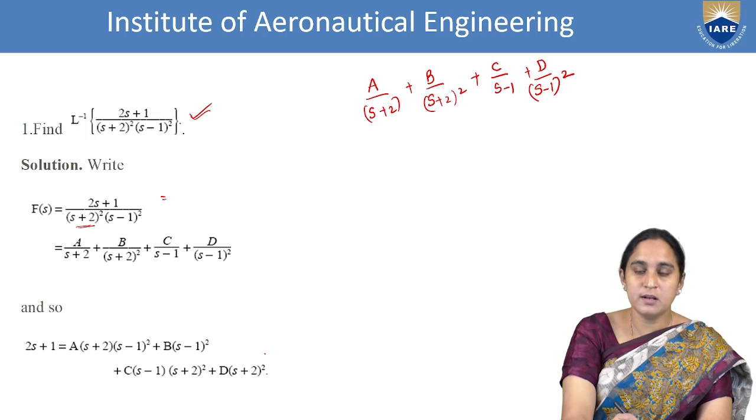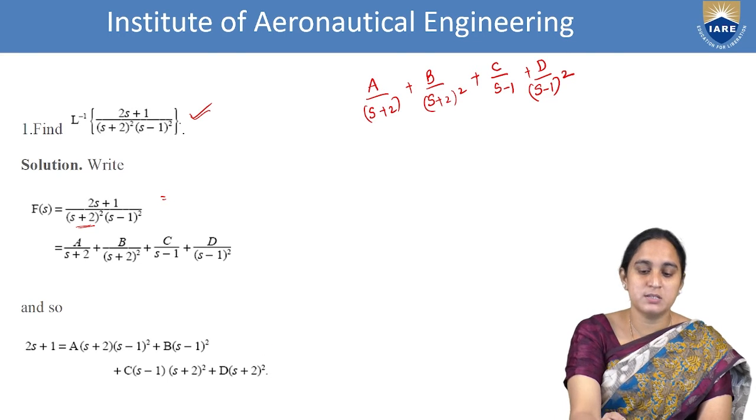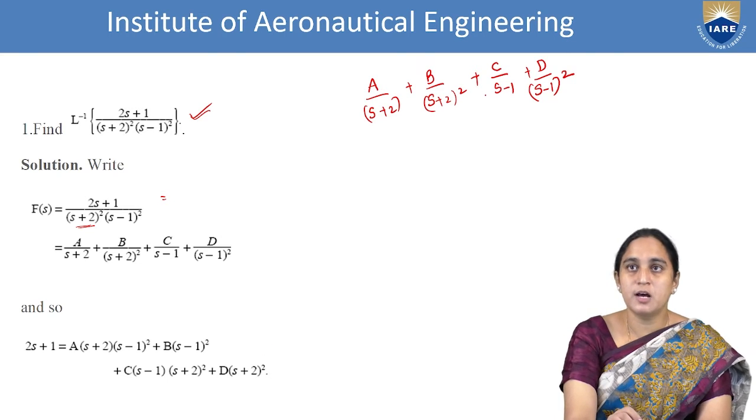By using partial fractions, A, B, C, D are the unknowns. Now I can calculate those values.